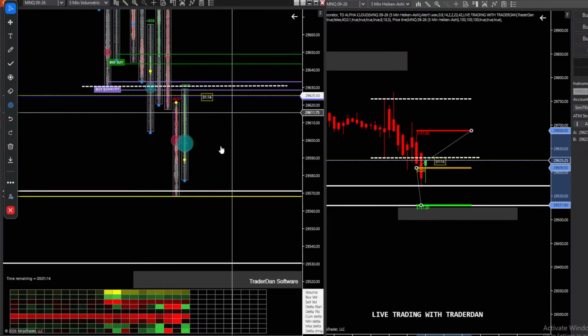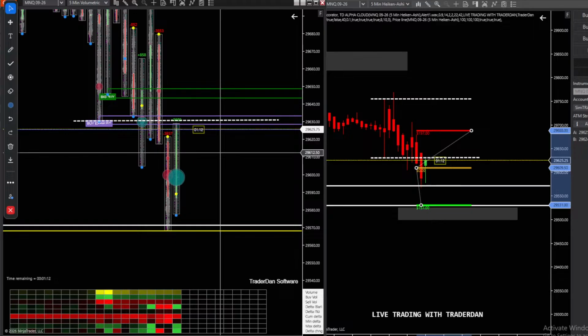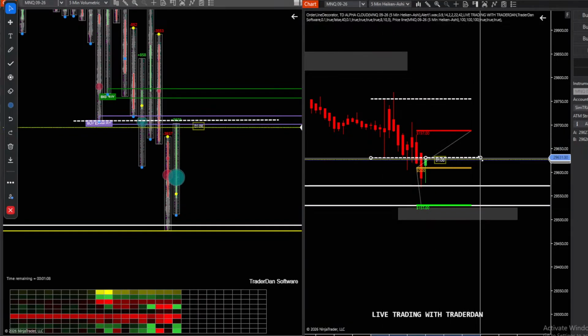Getting bid here right now. Retesting the bottom of this break.